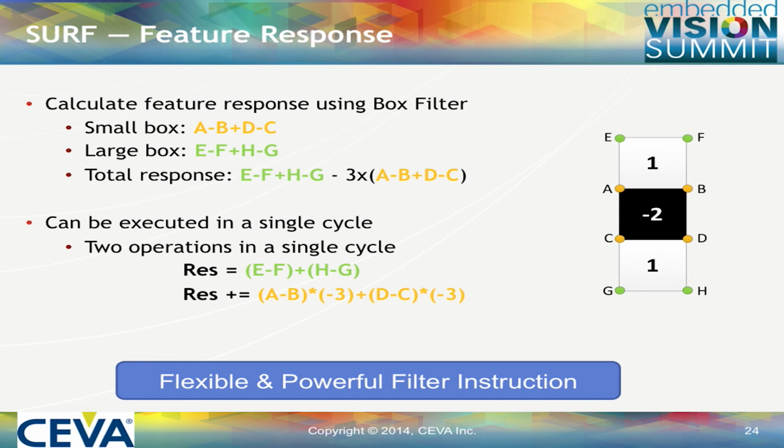This has something like 7 add/sub instructions and 1 multiplication. And we have this done on the MM3101 in 1 cycle for several results. So this uses the very powerful filter instruction.